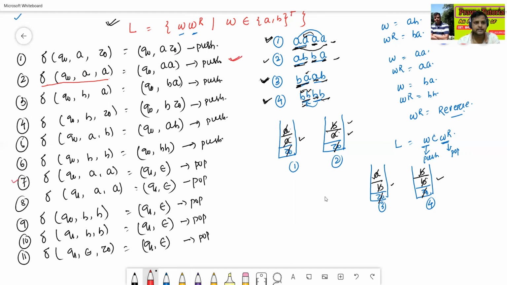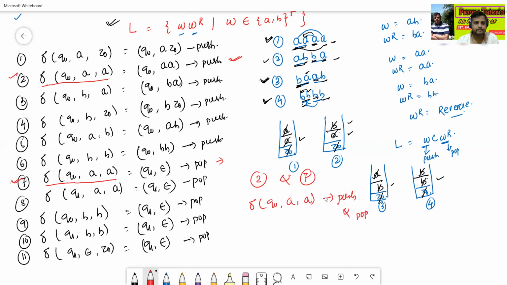Here in the second and seventh transitions, delta Q0 A means a pop operation. Means for one input there are two operations: delta Q0 AA for push operation and pop operation.